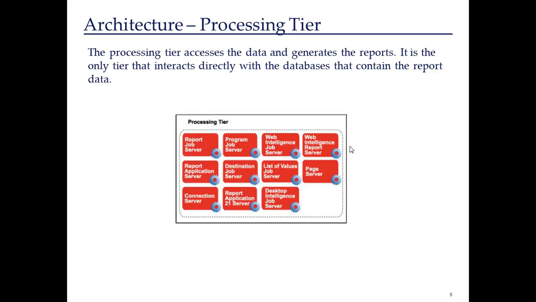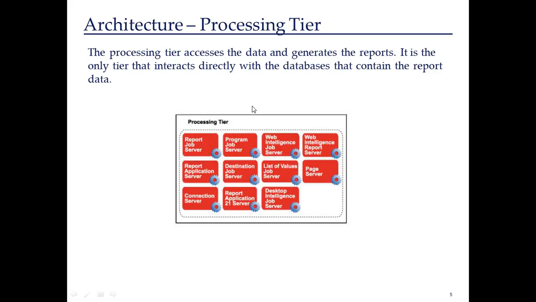And you have the page server. What is this page server going to do? We know that whenever we refresh a report, we see the output in multiple pages, right? It might be 10 pages or 100 pages or 1000 pages based on the data you have. Now, when you have huge data coming from your backend database, when you refresh a report, it checks for that information in the cache server.